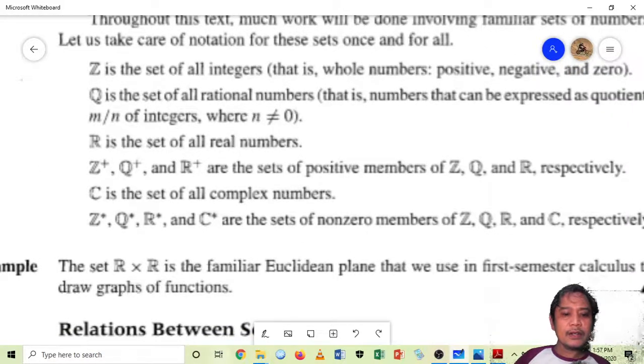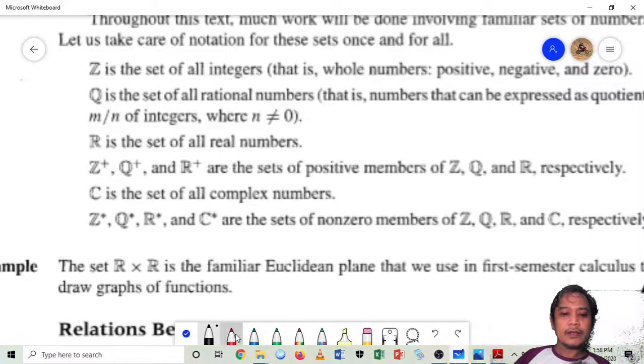This symbol here is what we use to symbolize the set of all integers, meaning those are whole numbers, positive, and the negatives of those whole numbers, then 0.